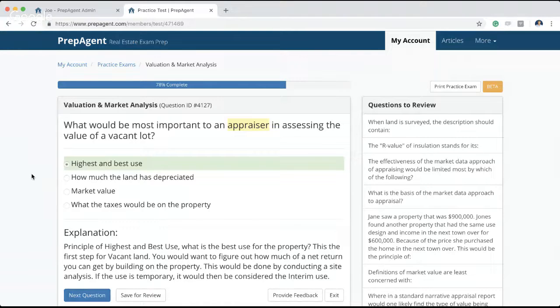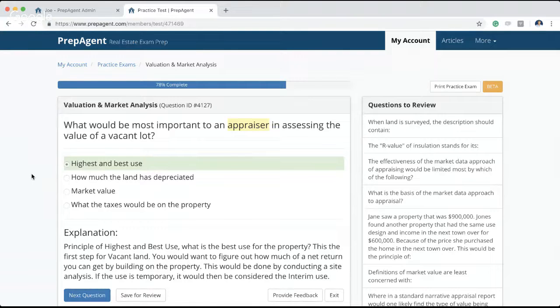What do you guys think? It doesn't have to be exact. This isn't like really math. What do you think the gross rent multiplier would be? Remember we said price divided by rent, right guys?